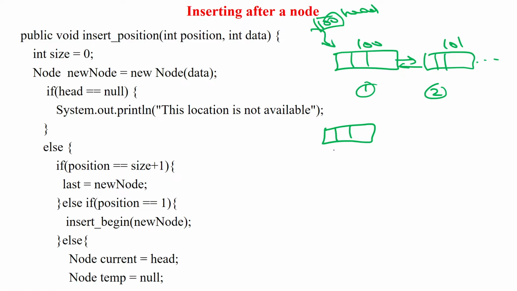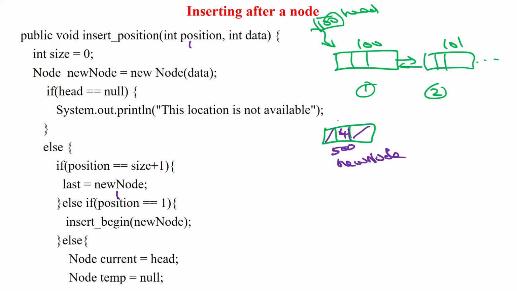The new node is created with address 500. If we want to insert the new node at position number 1, then 1 equals 1, and the new node has its next field and previous field as null. Here we will have the data, suppose 4.